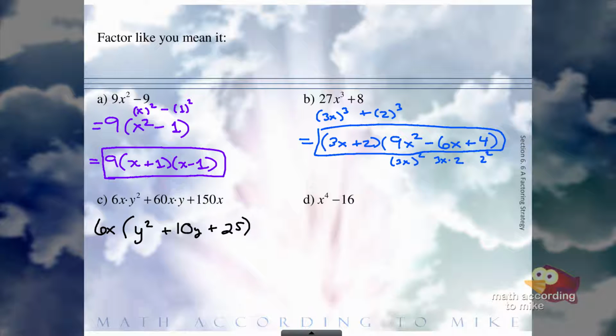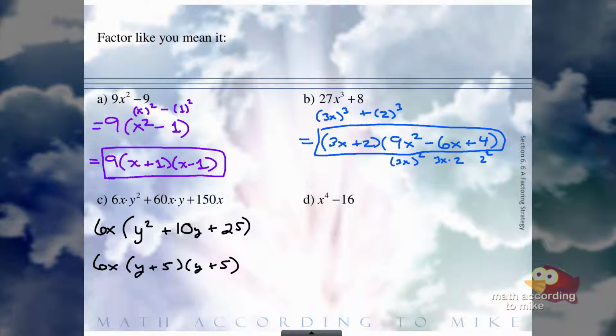Y squared plus 10y plus 25, you can think of one of two ways. You can say what multiplies to 25 but adds to 10, and you would say 5 and 5. So you can say 6x, y plus 5, y plus 5.